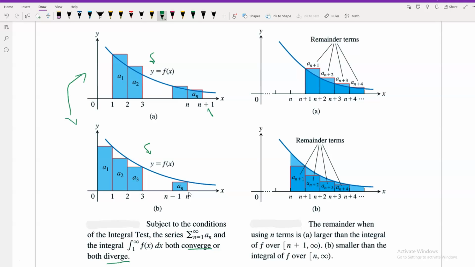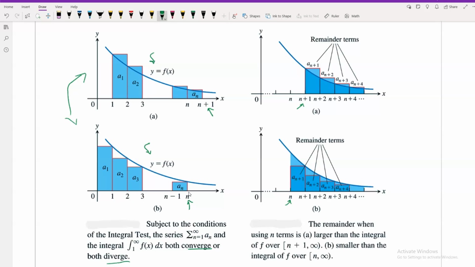At this point we had n plus 1, continuous. On this part we have n plus 1. So these are called remainder terms. That is the same here for part B. Here the ending point was n, and here we have n. So these are a sub n plus 1 starting from that point.